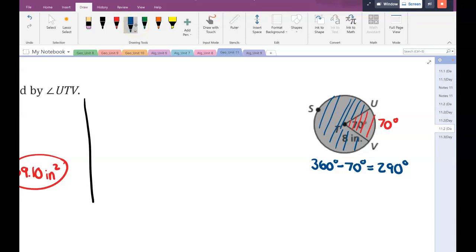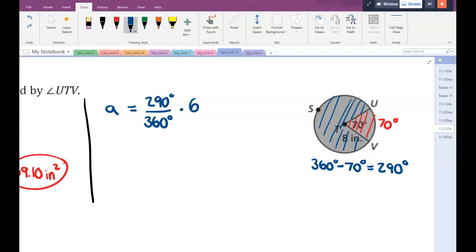So I'll do this in blue now since we're doing our blue arc. Your area, or your A, is equal to, this time, 290 degrees divided by 360 degrees times the area of our circle, which is still the same. So it's still 64 pi.